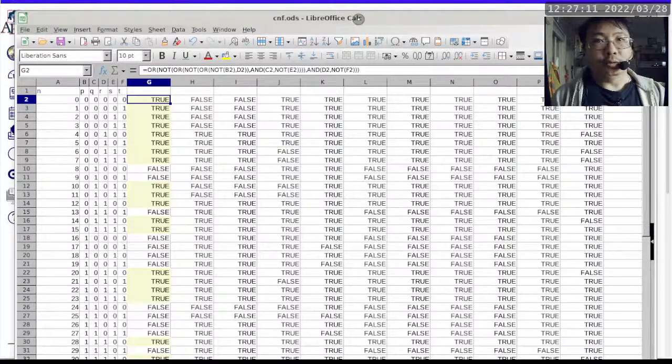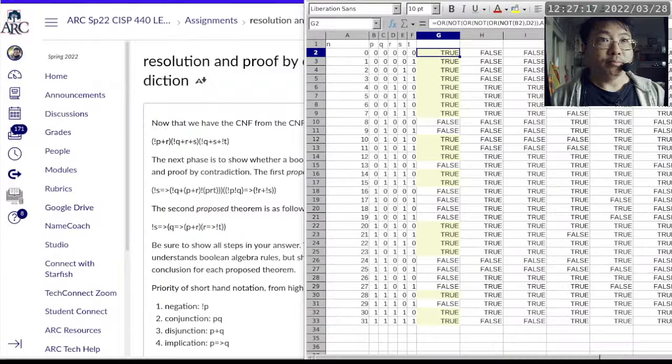So you have a lot of tools at your disposal to work on these things.